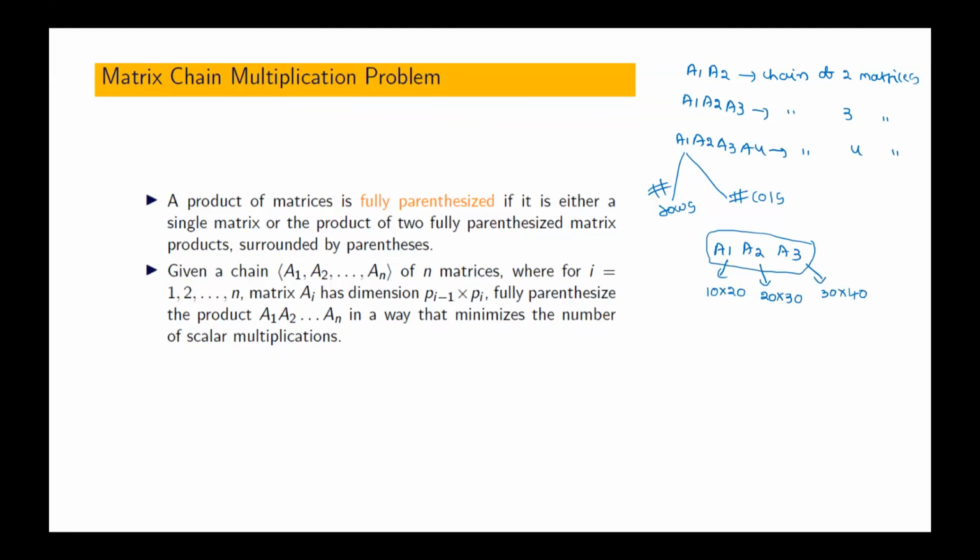Okay. If you are given only two matrices, A1, A2, the first one is 10 by 20 and the second one is 20 by 30, how many element multiplications are required to find the product A1, A2?